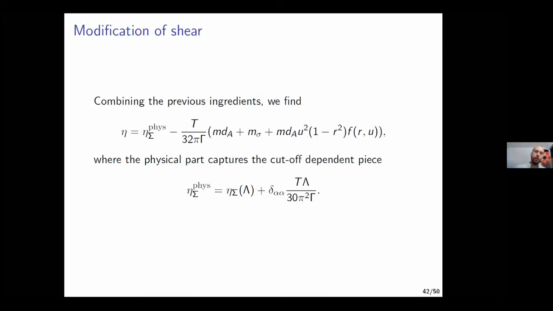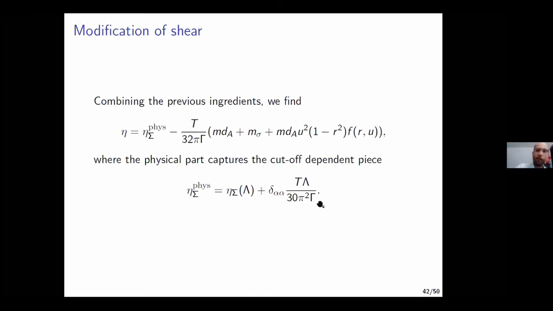But what you can do is add up these contributions from the amplitude and from the phase, and you find a very simple expression for the shear viscosity. You'll have this eta physical sigma, which is the piece that's coming from your underlying theory, and it also captures the cutoff dependent piece.